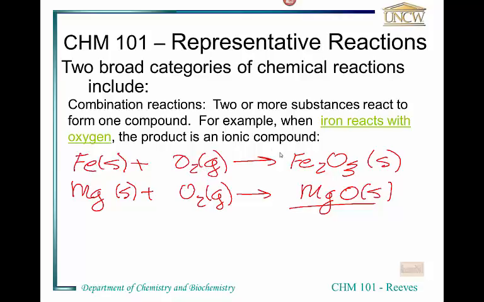That must mean that we have a common denominator of 6, requiring 3 oxygen molecules and 2 Fe2O3s to balance. That puts the Fe total to 4 on the right, so we're going to need 4 on the left. As far as the magnesium-oxygen reaction is concerned, you can see we're going to need 2 MgO to balance the oxygens, which means we need 2 Mg to finish.